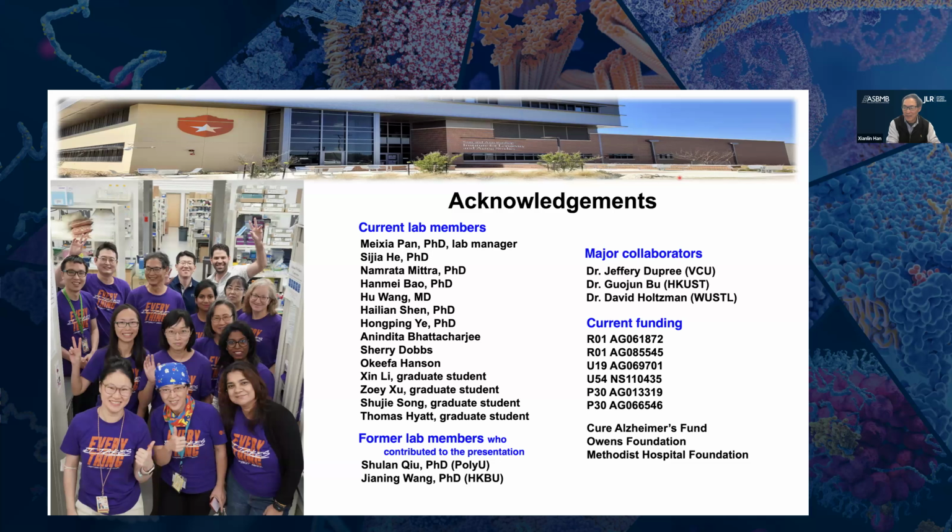We did not see the glycosphingolipids changing. Although some groups reported that gangliosides are involved in Alzheimer's disease, we have not done the ganglioside study.